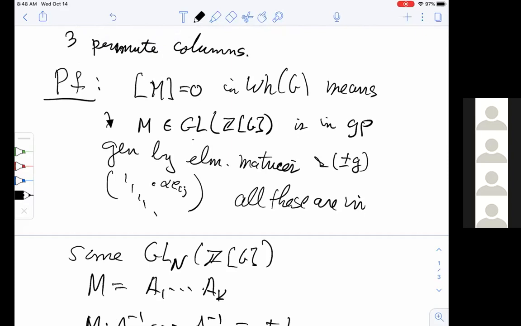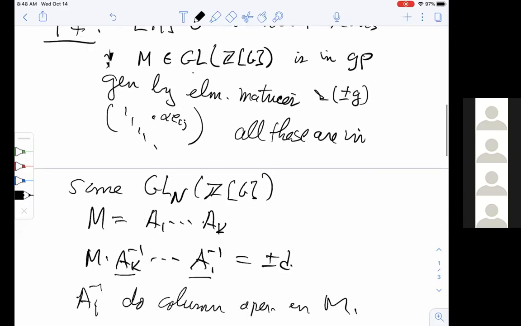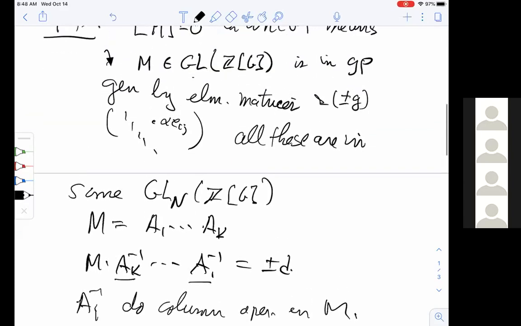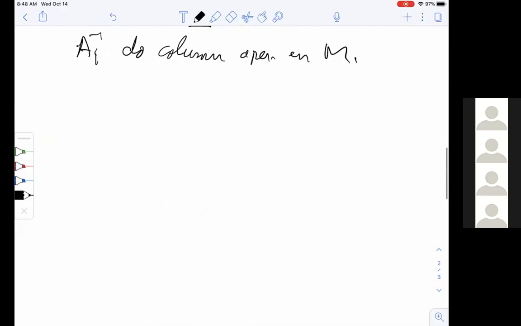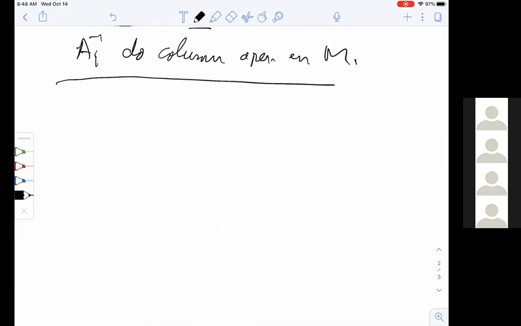In fact, that's true, but it's the group generated by the elementary matrices, and they form a normal subgroup. I'm using that here: I need to multiply by elementary matrices, not conjugates of elementary matrices. Okay, so that's the errata from last time.